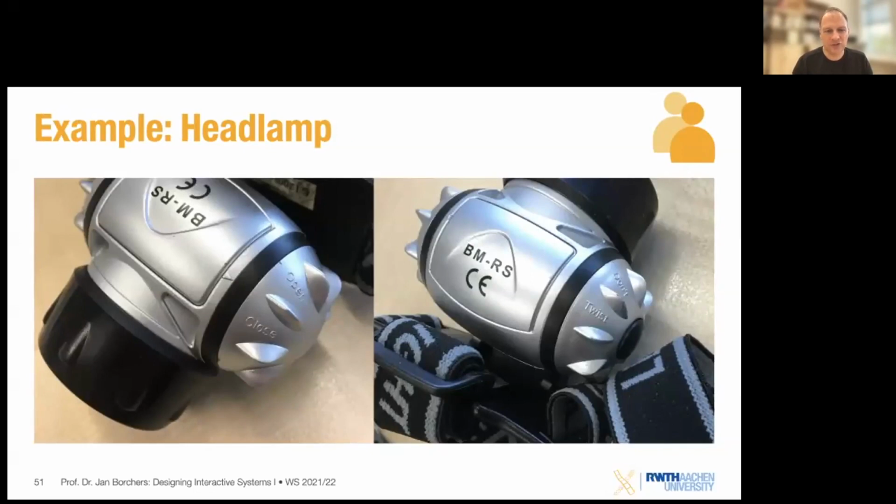If you try to turn this while you're climbing 100 meters above ground, what's going to happen is that the battery compartment opens and your batteries fall out and tumble 100 meters down into the abyss. So that's not good, right? This thing is strongly suggesting to turn it, but what it does is it actually opens the battery compartment, which you probably don't want to do in everyday use.